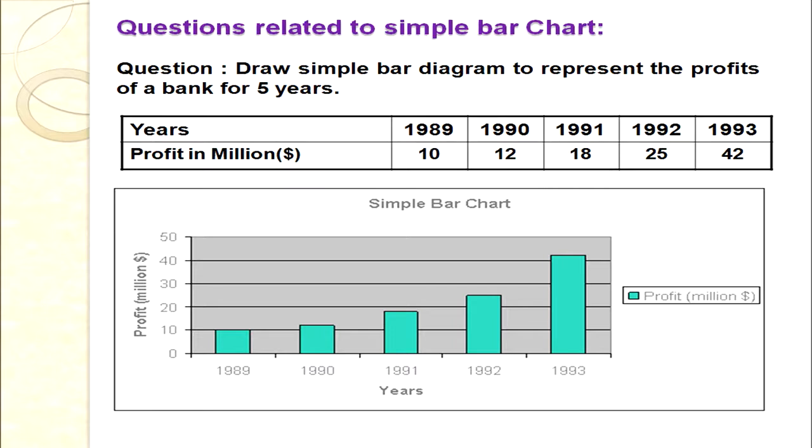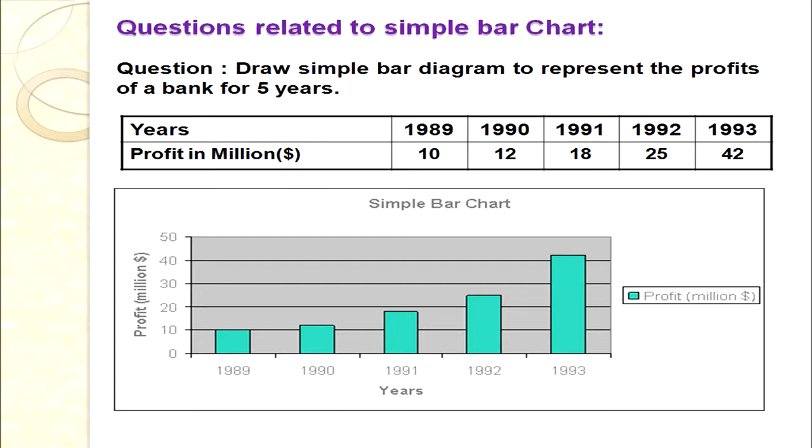We have labeled the x-axis and the y-axis, now we are going to draw the lengths of the bars. As you can see, for 1989 it is 10, for 1990 it is 12, for 1991 it is 18, for 1992 it is 25, and for 1993 it is 42.